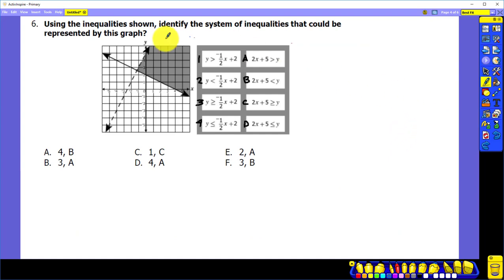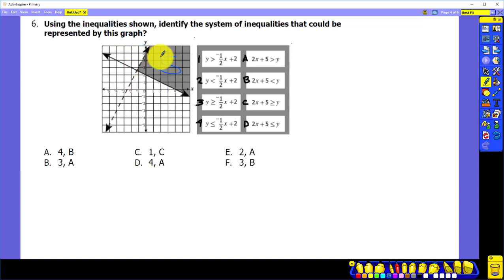Alright, for number 6, we need to identify the correct combination that will represent this shaded area. Now we can use our Desmos to make all the combinations, but that will take us forever to find the answer. So what I'm going to do is to identify this inequality using this line and this line.